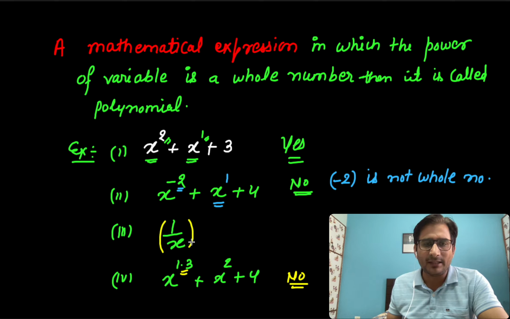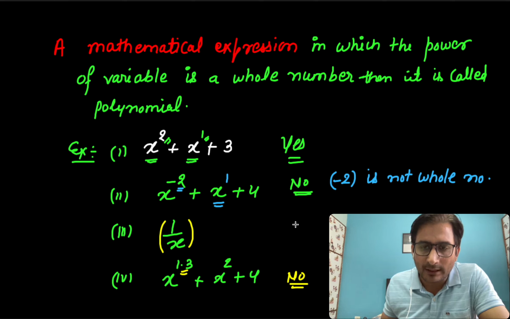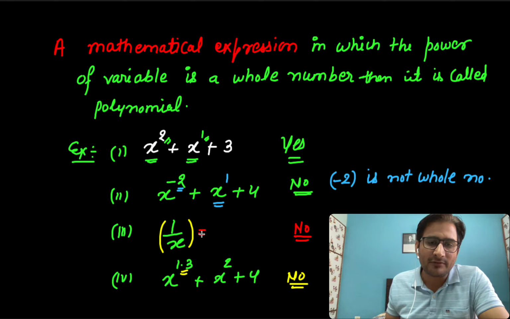Let us check this 1 upon x. Could anyone tell me, is it a polynomial or not? 1 by x. It is a polynomial, yes, sir. Okay. But if we convert it to x raised to power minus 1, yes, you are absolutely right. It is not a polynomial. The most important thing is we need to check the power when the variable is in the numerator.